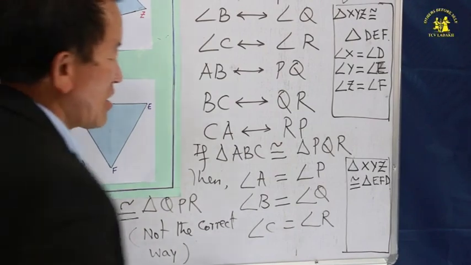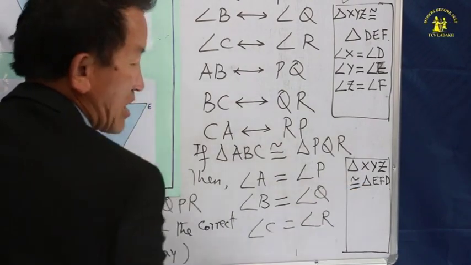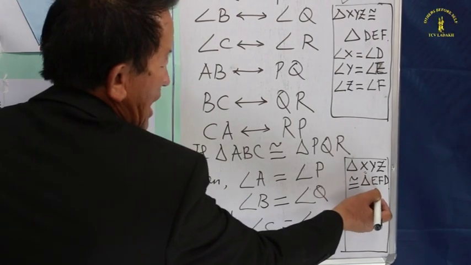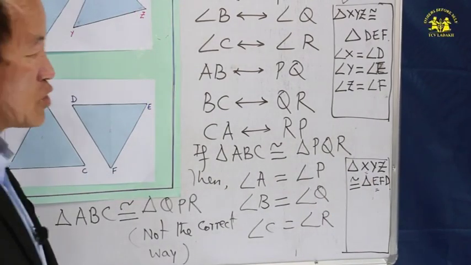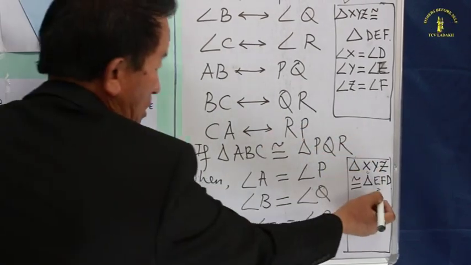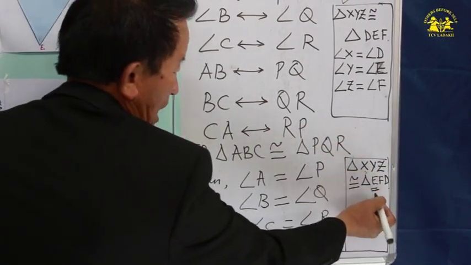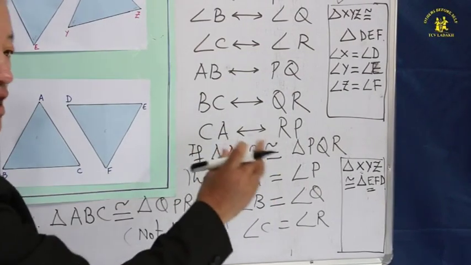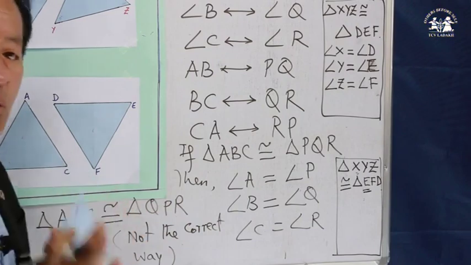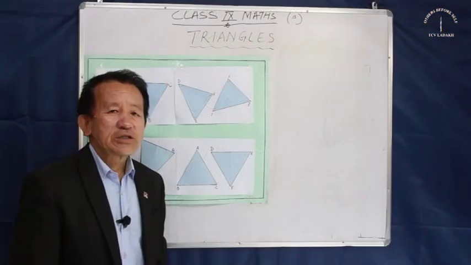If you write like this, then we'll infer that angle X is equal to an angle which is not the correct one. So the correct naming of the triangle will also provide us valuable information.